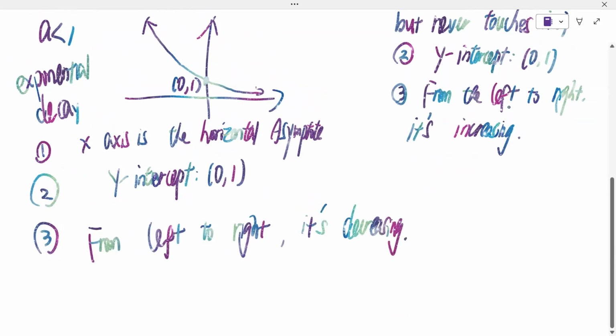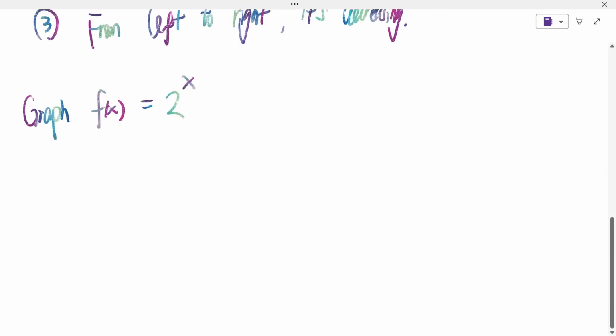Let me give you a couple of examples, right? Let's start with the example: let's graph f of x equals 2 to the x. As we can see, the base a here is greater than 1, so this is an exponential growth function, right?